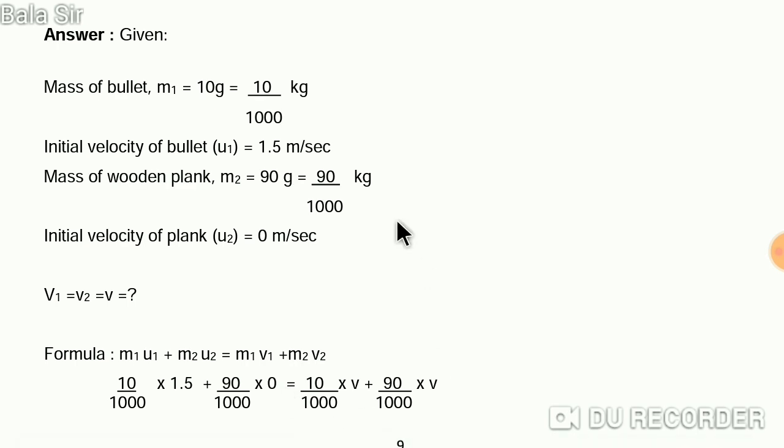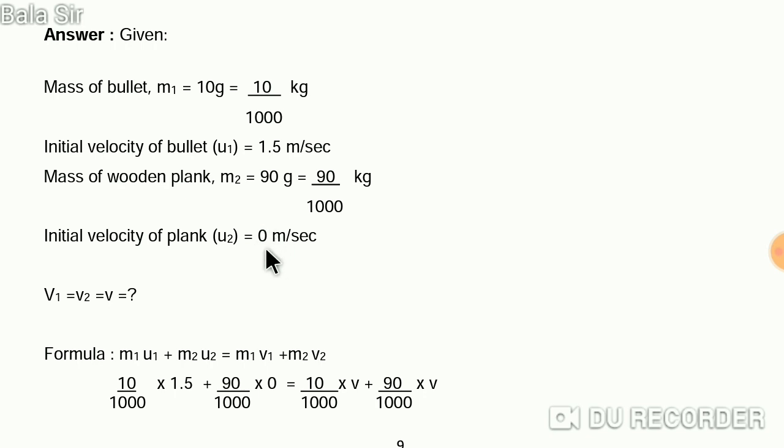So remember, your M1 is 10 upon 1000 kg. Your U1, which we call the initial velocity of the bullet, is 1.5 meter per second. The mass of the wooden plank, that is M2, is 90 upon 1000 kg. The initial velocity of the plank is 0 meter per second, it is at rest.